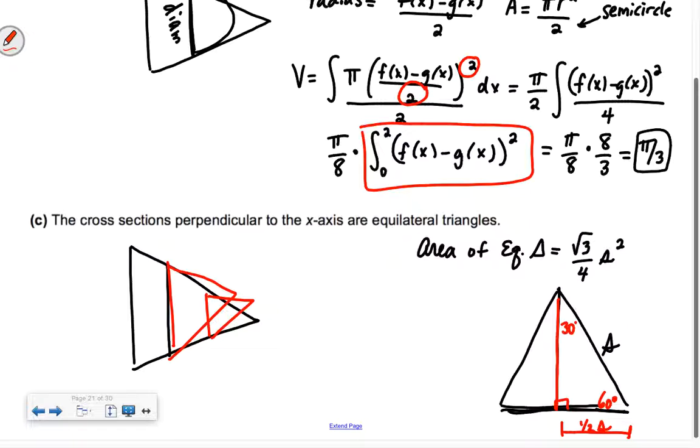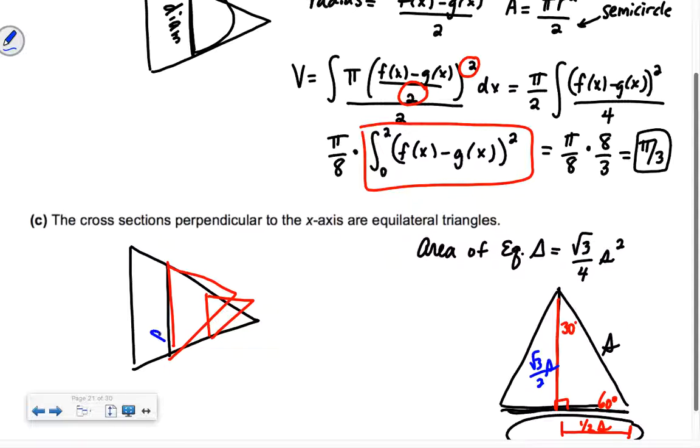So if I take 1/2 S and I multiply by root 3, 1/2 S times root 3 becomes root 3 over 2 S, right? So then the area of that triangle is 1/2 the base, this whole base down here would be S, 1/2 S plus another 1/2 S. And then the height is √3 over 2 S. So do you guys see how that becomes √3 over 4 S squared? I would just know that because equilateral triangles, blah, blah, blah. Okay, so anyway, we have our area of our equilateral triangle, which is √3 over 4 S squared.